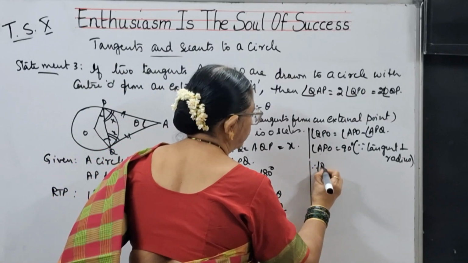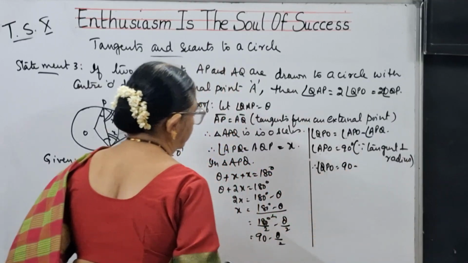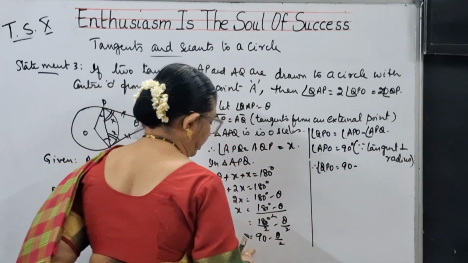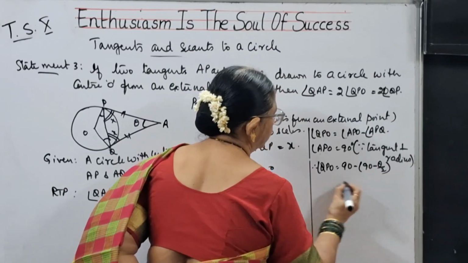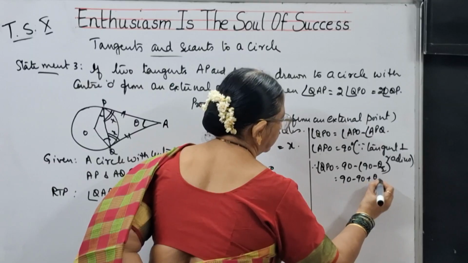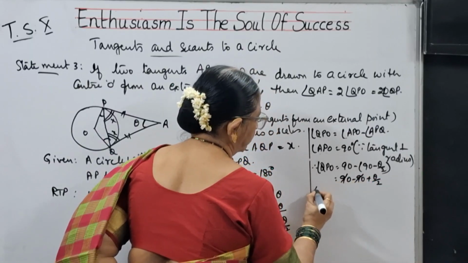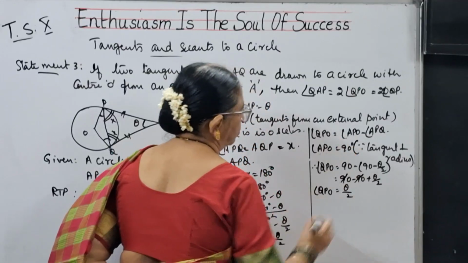Therefore, angle QPO is equal to 90 degrees minus angle APQ, which is x. X is 90 minus theta by 2. That is 90 minus 90 plus theta by 2. These two will get cancelled. Angle QPO is equal to theta by 2.